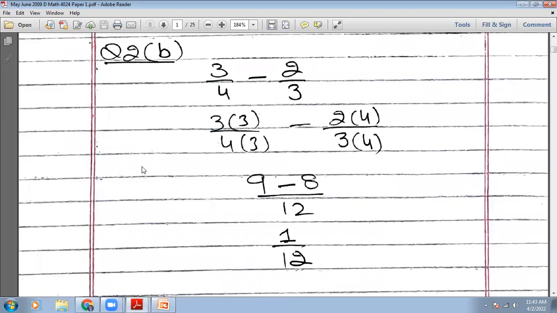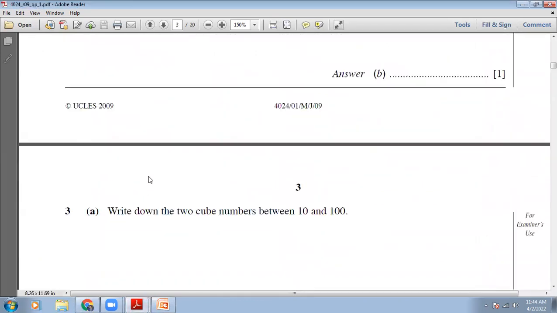So the denominators become the same. You will have 3 multiply 3 divided by 4 multiply 3, and in the second fraction, 2 multiply 4 divided by 3 multiply 4. So you will have 9 minus 8 divided by 12, because the denominators are the same, so you can write them in a single fraction. So you will have 1 by 12. And I have already checked the answers with the marking scheme, so you don't need to worry about the marking scheme.